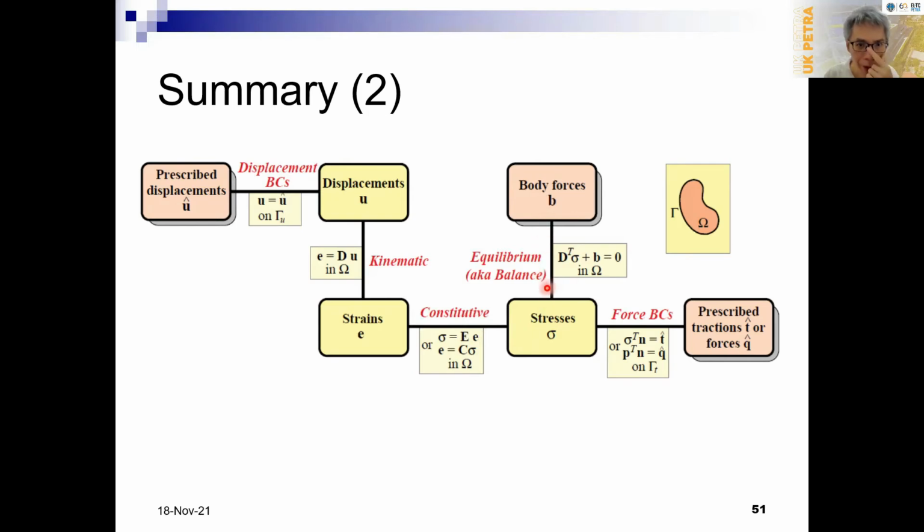Then we need to complement the information using boundary conditions, traction boundary conditions and displacement boundary conditions. There is also another piece of information, the body force. So this is the complete set of governing equations for our plane stress or plane strain model, written in matrix form.